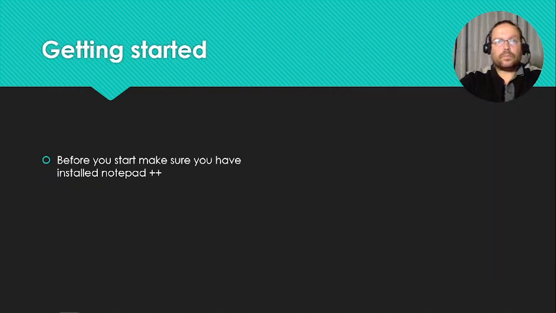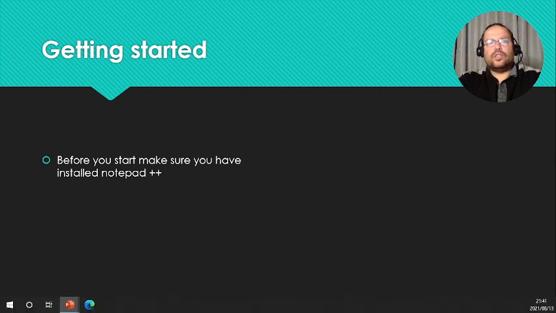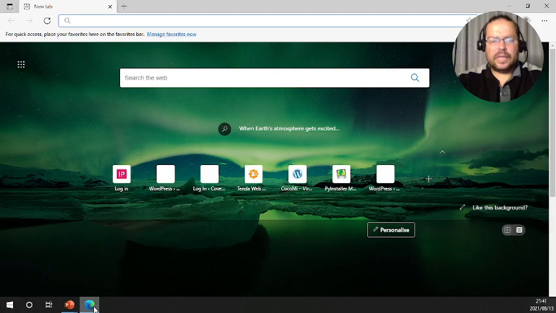Okay. Before we start, we really have to install Notepad++. That is what I want to show you now. I'm going to open up my browser, and inside here I'm going to start by searching download Notepad++.